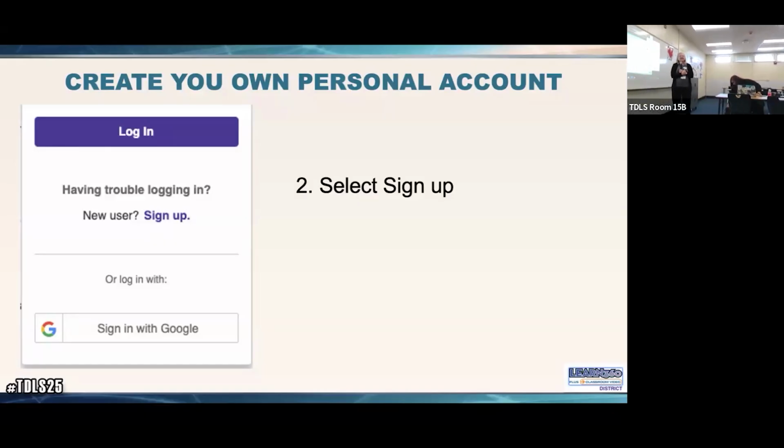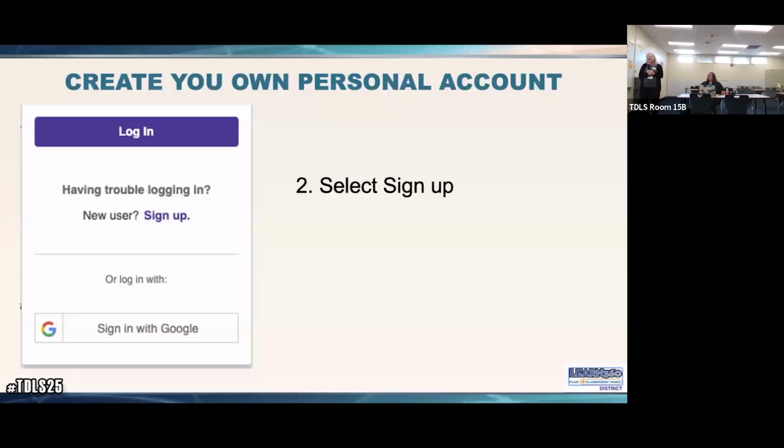You might have to download the app inside Canvas, but it should be there. So it does exist. As far as talking to your administrator, let's say you have your own version of Canvas, then you need to have them add it. Okay.